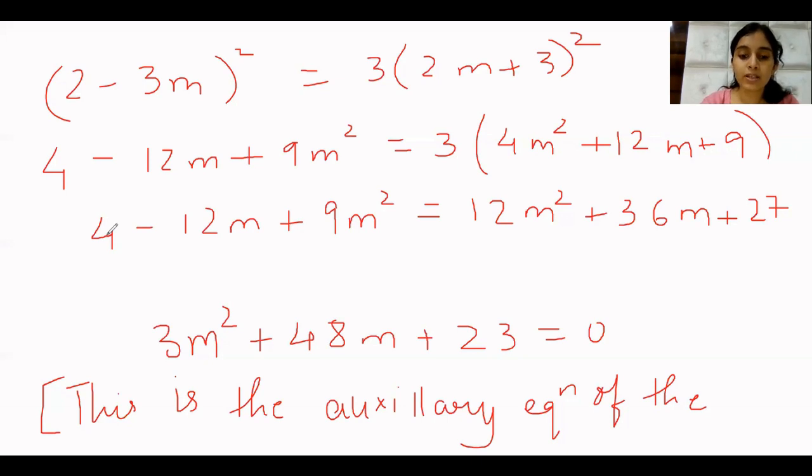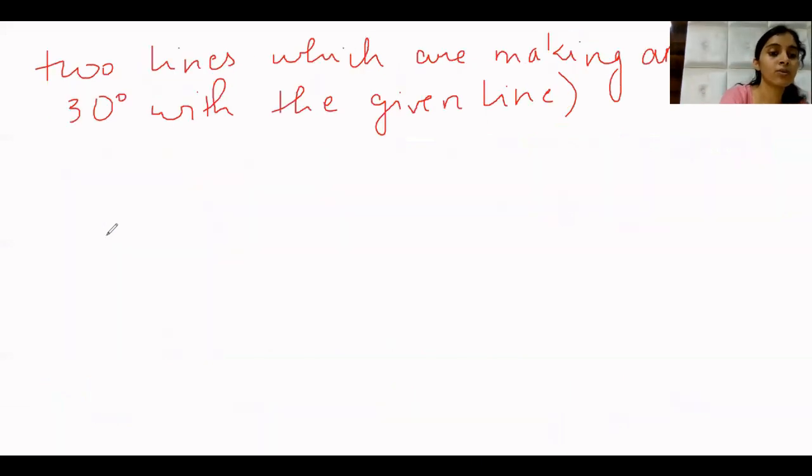Let's find the combined equation now. So 3m square plus 48m plus 23 equal to 0. Now here we'll say that m is equal to y by x. Normally slope is given by y by x. This is the auxiliary equation whose joint equation is given by a m square plus 2hm plus b equal to 0.